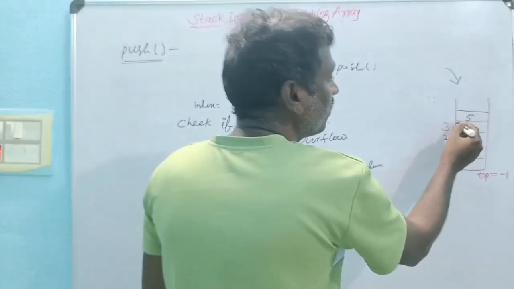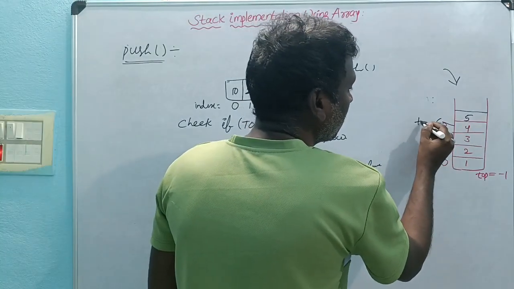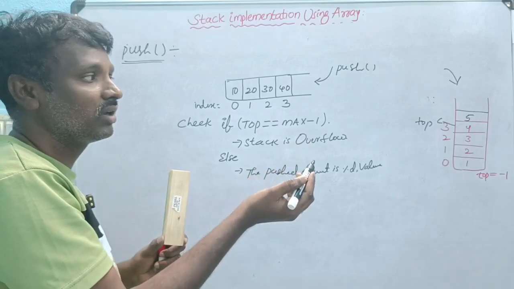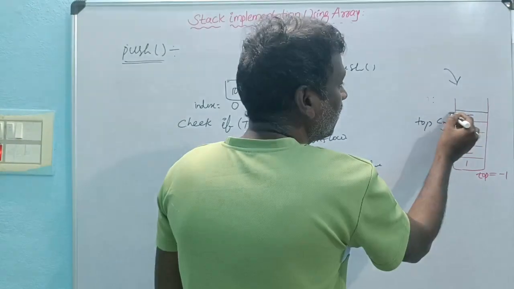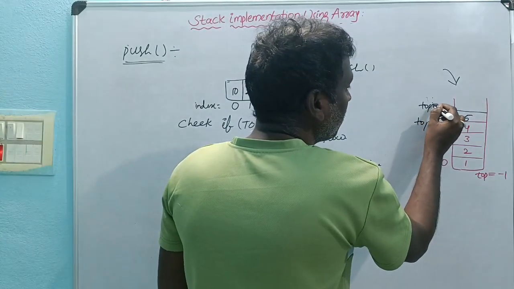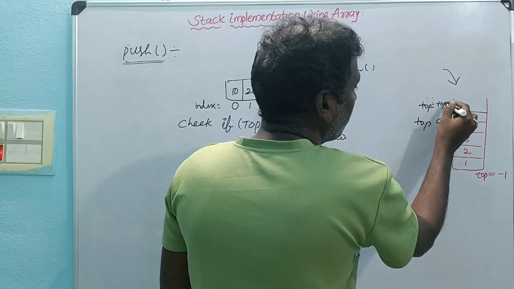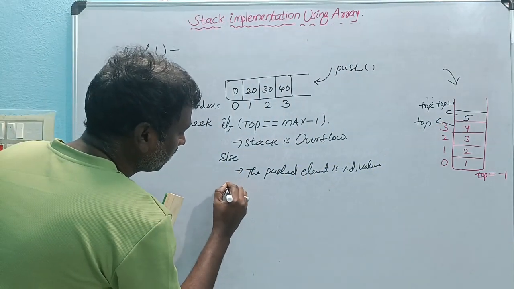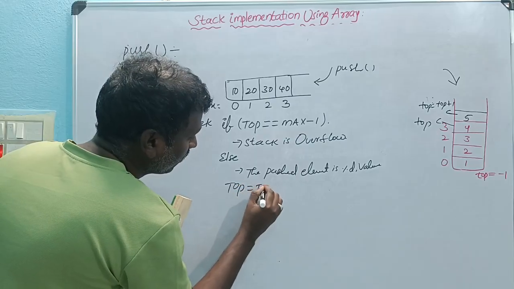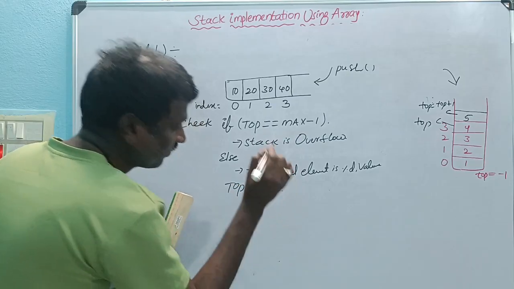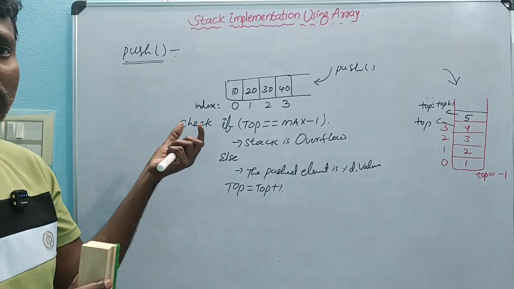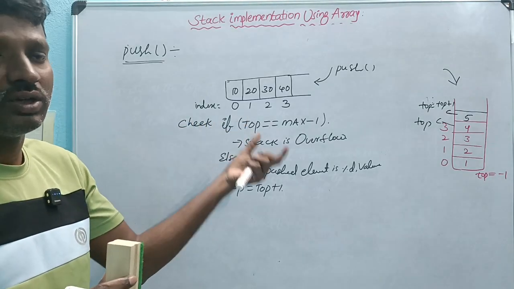Before pushing the element, this is the top. After successfully pushing into our stack, the top is updated. So top equal to top plus 1. That is the simple push operation in our stack using arrays.